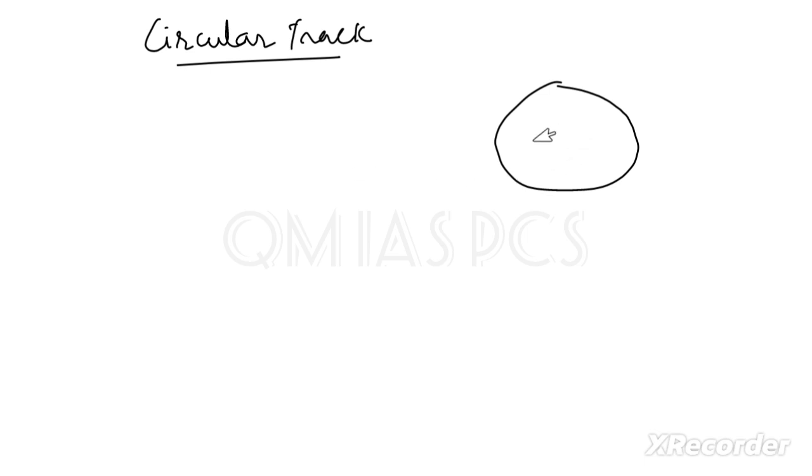Just consider this as a track. I know this is not circular, but just consider this one. We have to apply the same relative concept which we have already discussed. When two objects or two bodies are moving in the opposite direction, their relative speed will be added.